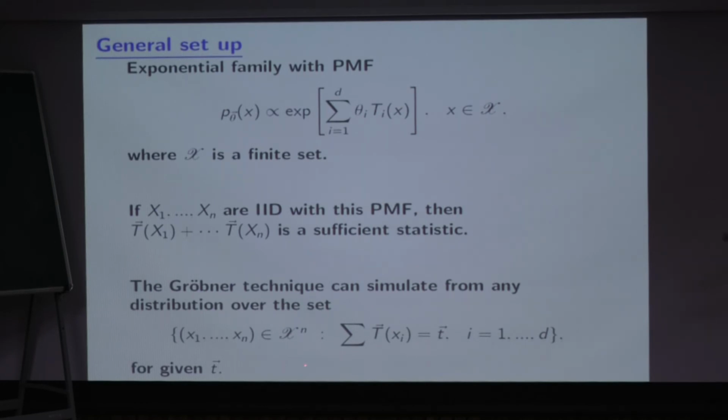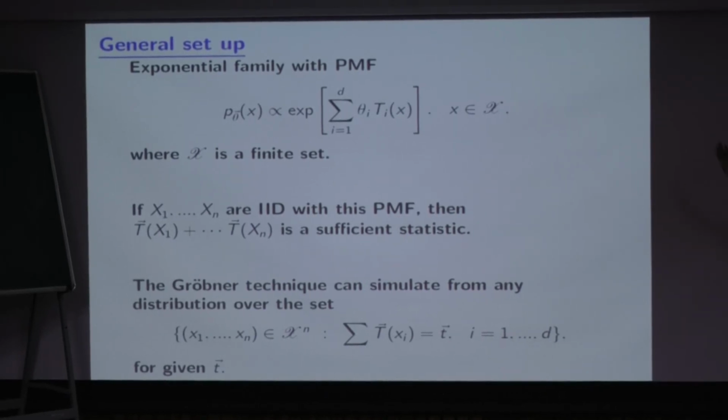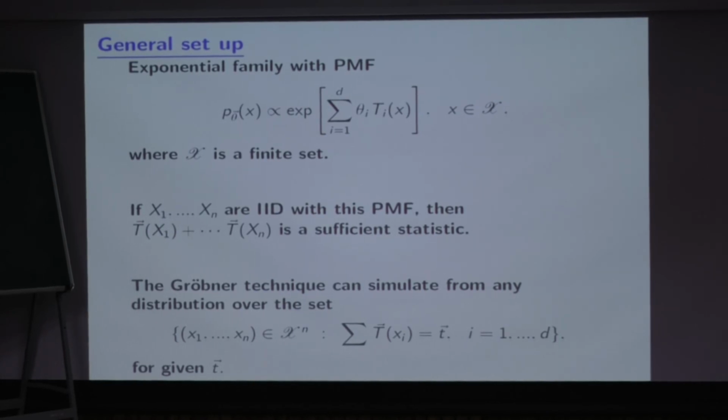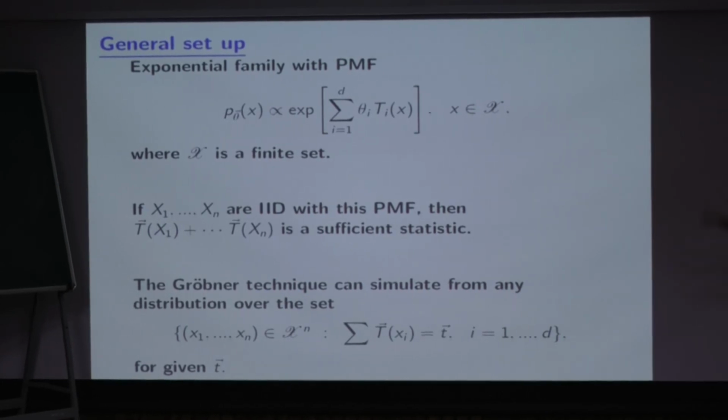Whatever distribution you have, you can actually generate from it using the Grobner technique. So this is in its full generality. Of course, this can possibly be generalized even further, but the paper that I am presenting ends here, and the example that we saw is one particular example. So that is the very last slide.